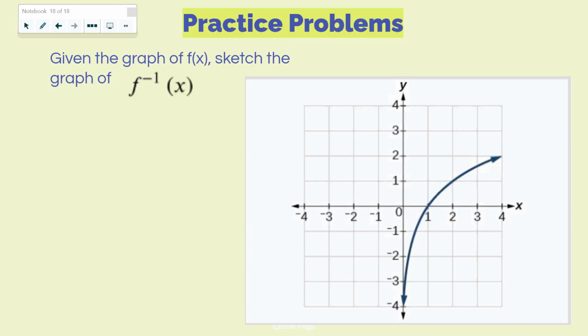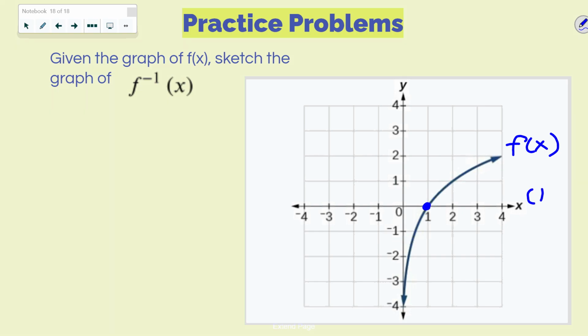First up, looking at a graph, we want to sketch the graph of f inverse. What does this -1 exponent mean again? Inverse. So this says, graph the inverse of my f of x function. You're given this graph, which is f of x. How could I figure out what the inverse would be? What do you remember, Jaden? By doing the reverse of the x and y. Yeah, you're off to a good idea.